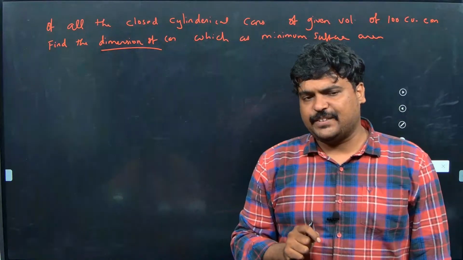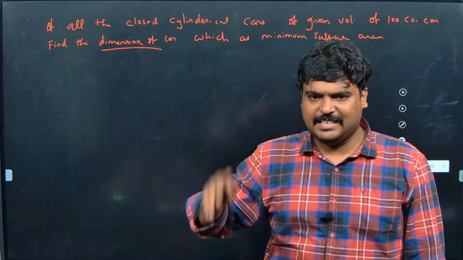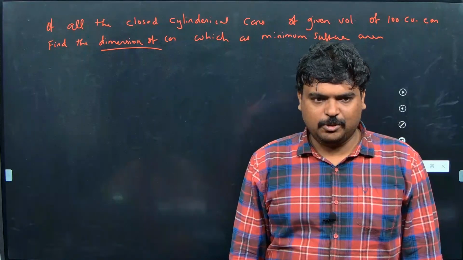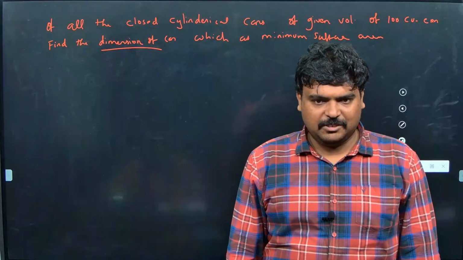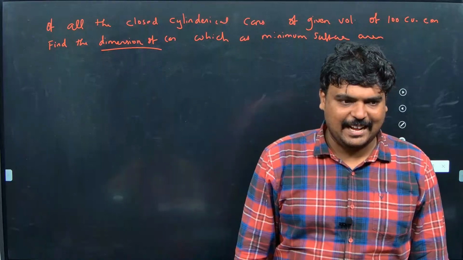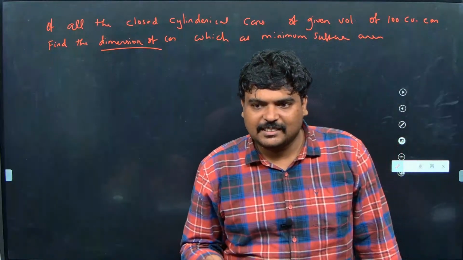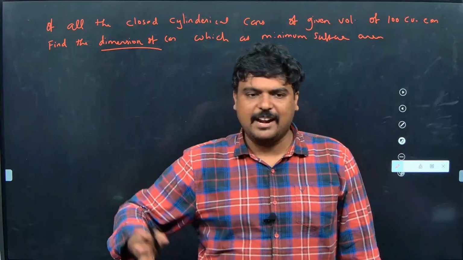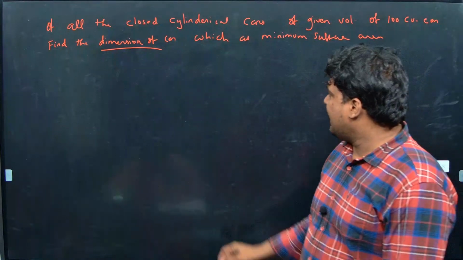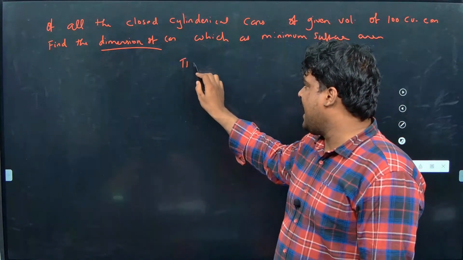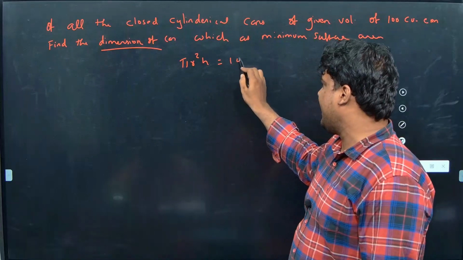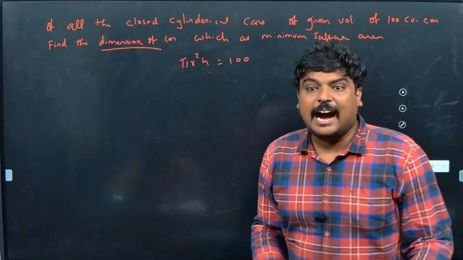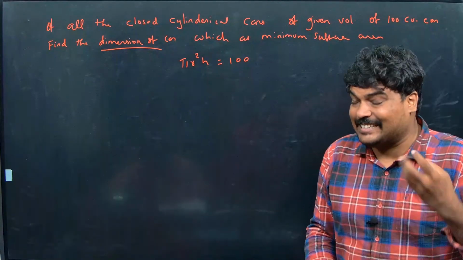So what is the total surface area of a cylinder? 2 pi r into h plus r, correct? That has to be minimum. Okay, so what can I do? I can write pi r square h is equal to 100. Let me take r as x.